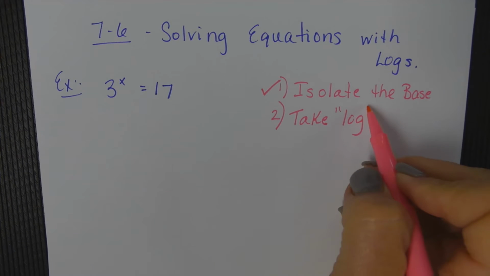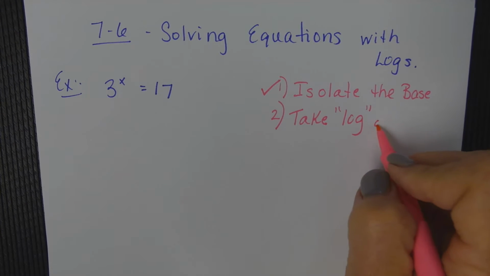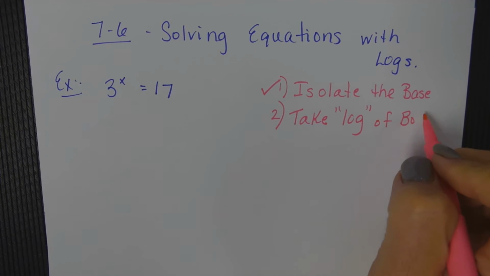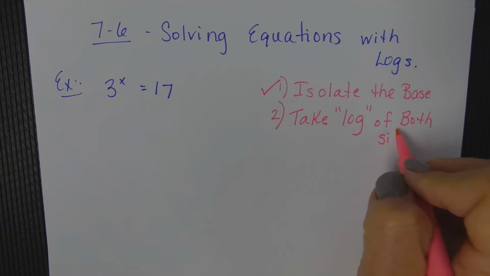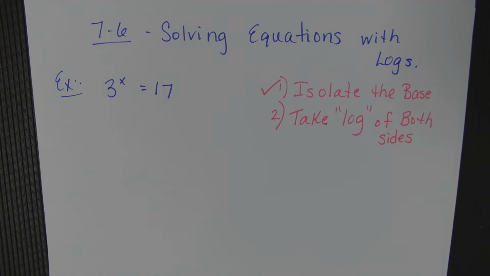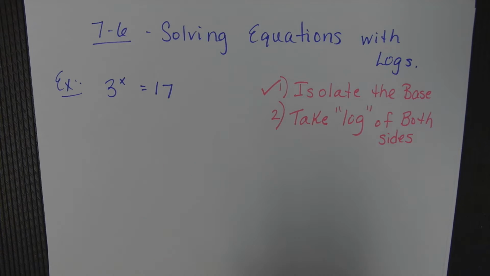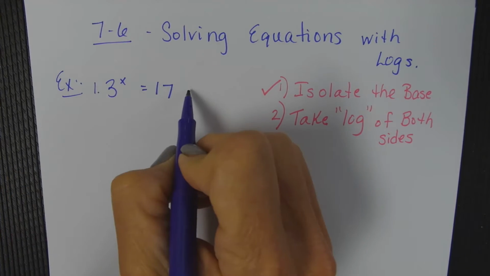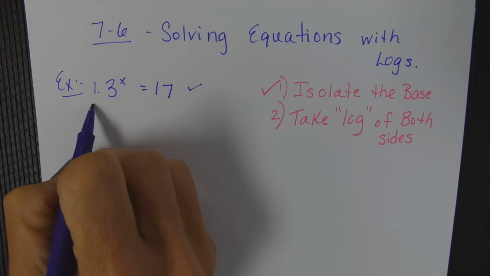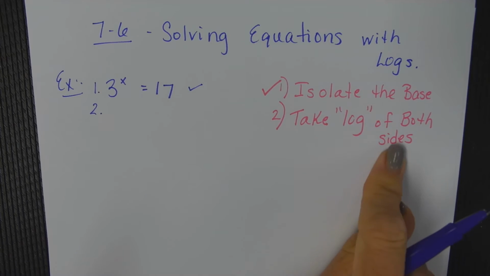Take the log of both sides. Again, what you do on one side, guys, what do you do? The same on the other, okay? Here is step 2. Number 1, check. Number 2, take the log of both sides.